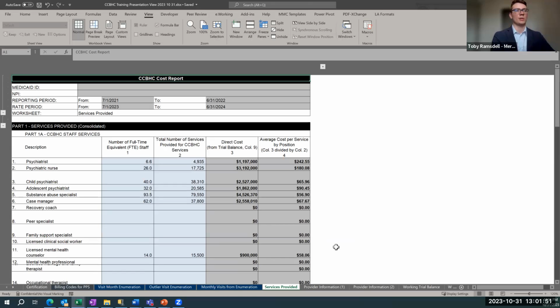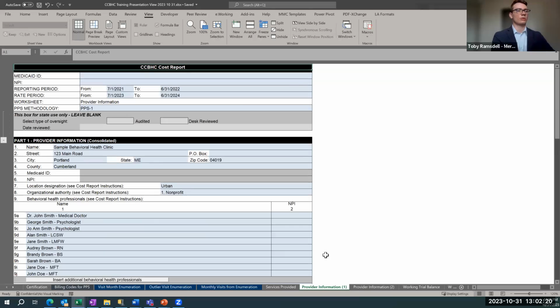Another thing we like to use the FTE data for is to examine salary per FTE and other supplemental metrics. So while this schedule does not directly impact the PPS rate paid, it does provide insight into the operations of the CCBHCs and should still be considered essential to completion of the cost report.